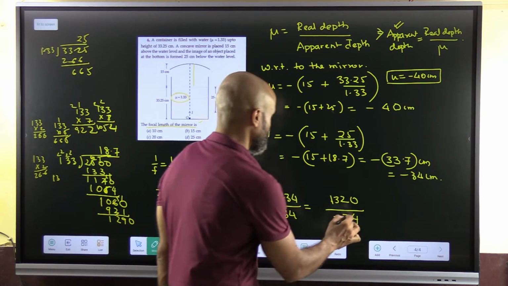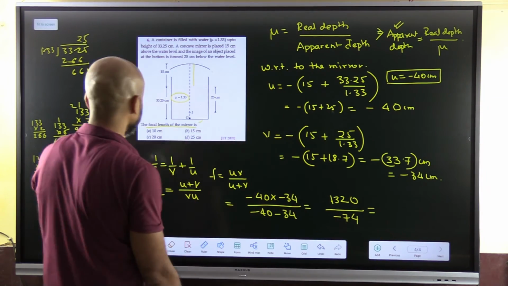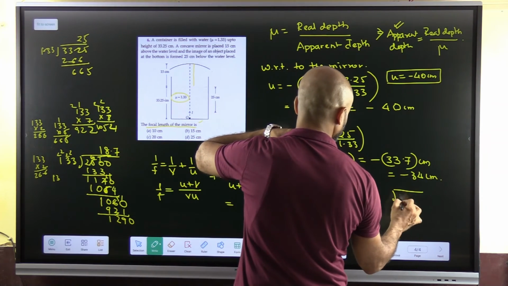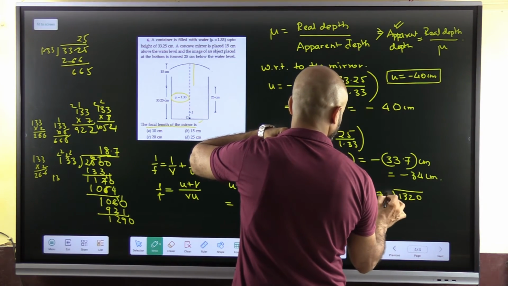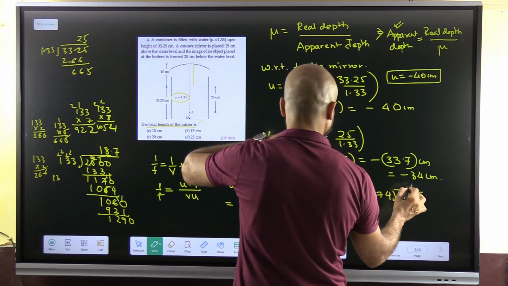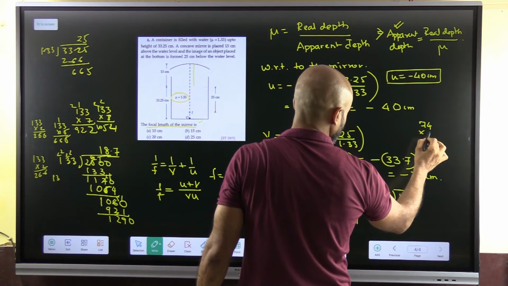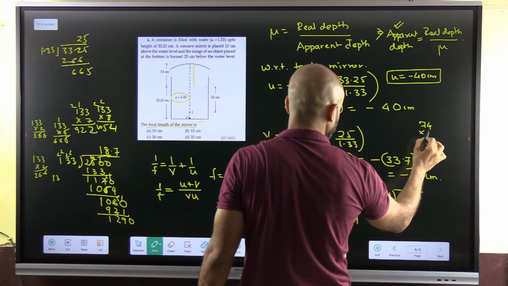Okay. So 1320, where will this stand as? 74, if I do a 1320, approximately 74 ones are 74. Lot of calculations in this one, okay. IIT, 74 ones are 74.